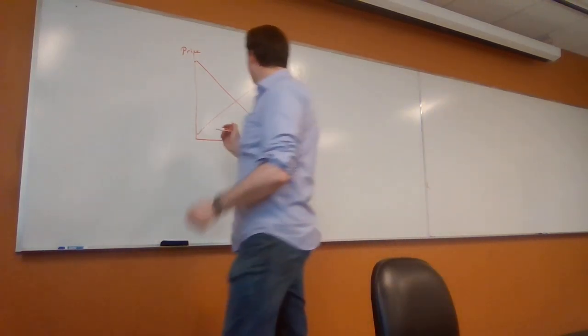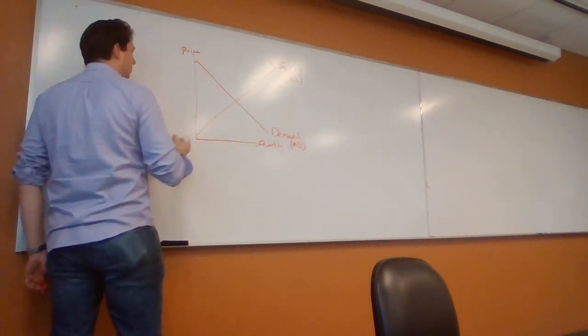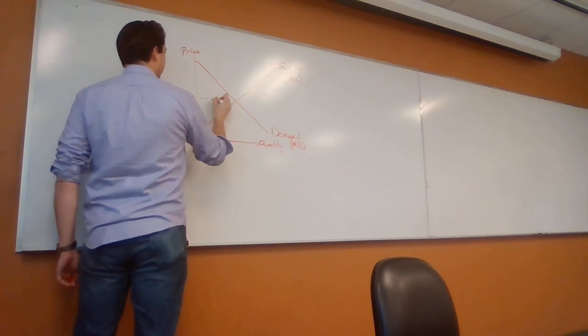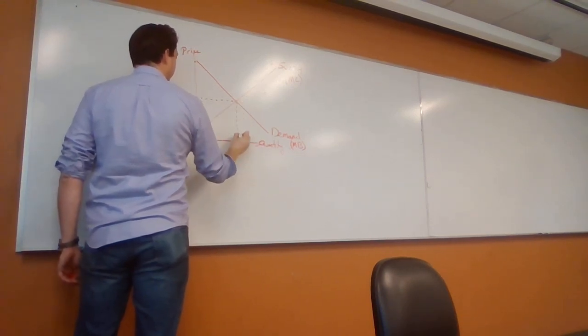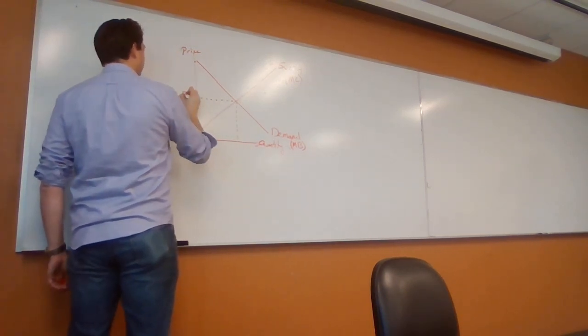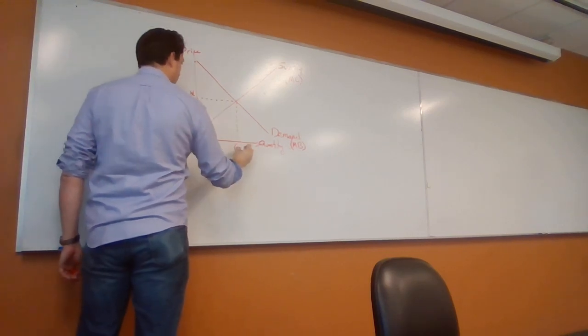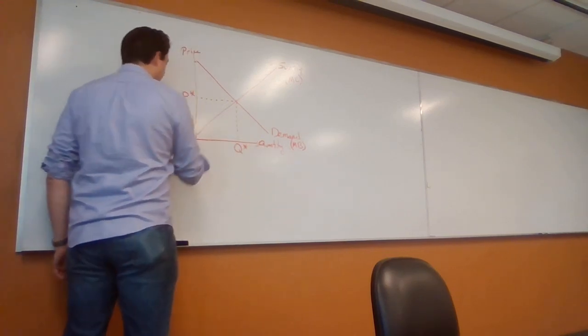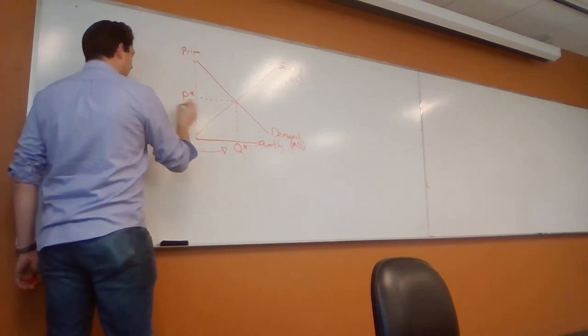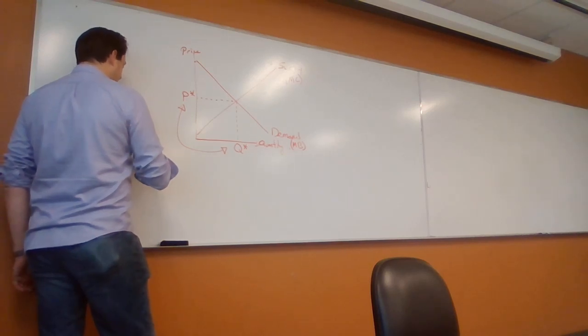Okay. And where marginal cost is marginal benefit, what do we get? Equilibrium. The equilibrium price and the equilibrium quantity. Also, this is not just the equilibrium, but also the optimal.